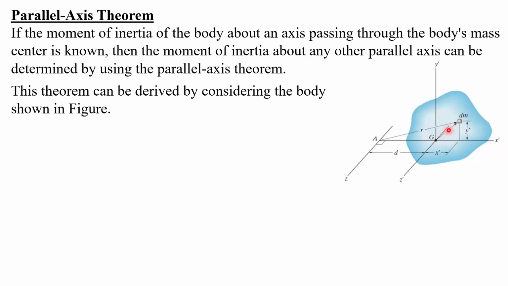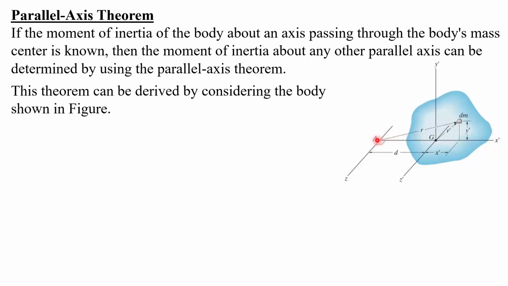Then r prime square will be equal to x prime square plus y prime square. Now if this point is moved back here, or we are looking at the point from here, we now look at r from this point to this point, from A to dm, which is what we call r.